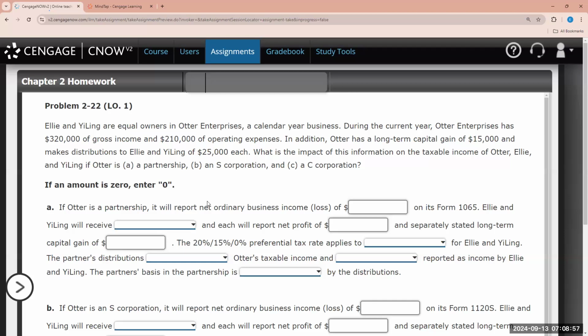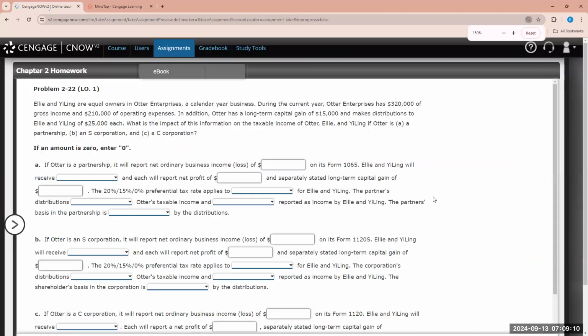In addition, Otter has a long-term capital gain of $15,000 and makes distributions to Ellie and Yeeling of $25,000 each. What is the impact of this information on the taxable income of Otter if it's a partnership, if it's an S corporation, and if it's a C corporation?